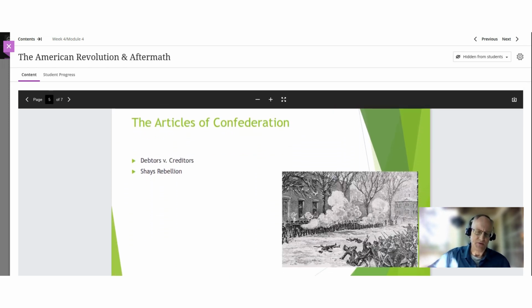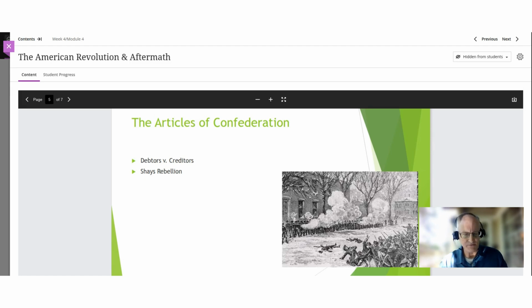But here we are turning attention towards the Articles of Confederation. During the war, the Second Continental Congress had served for all intents and purposes as the governing authority of the colonies in their rebellion. They had declared independence. They had raised an army. They had issued a currency.